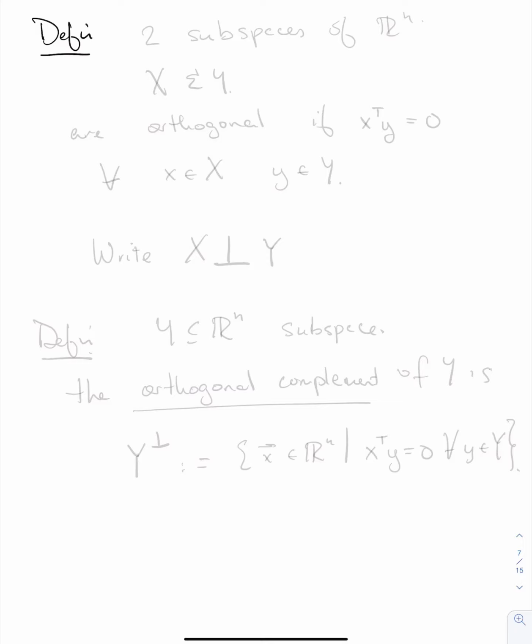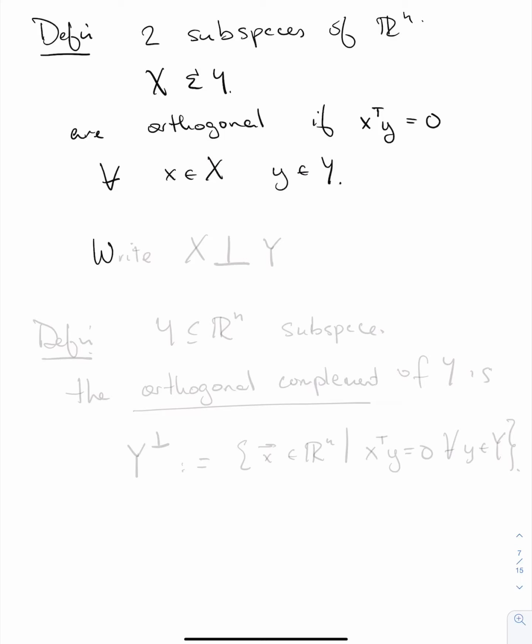But definition: two subspaces of R^n, say these subspaces are X and Y, they are orthogonal if x transpose y is equal to 0 for all x in X and y in Y. And what we write to denote this is X is orthogonal, with this symbol, to Y.